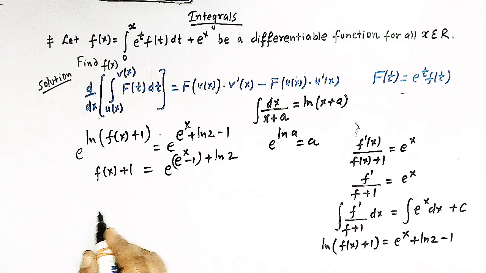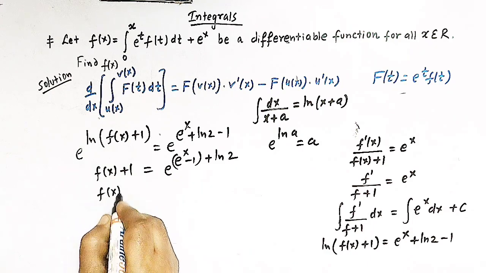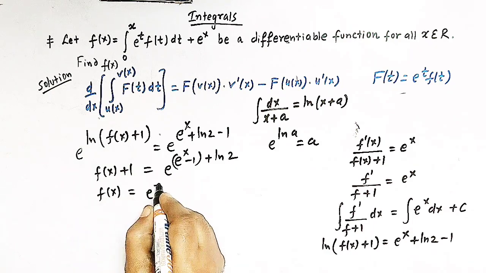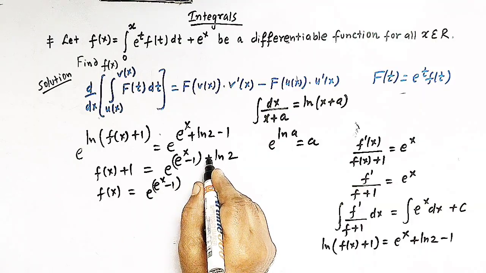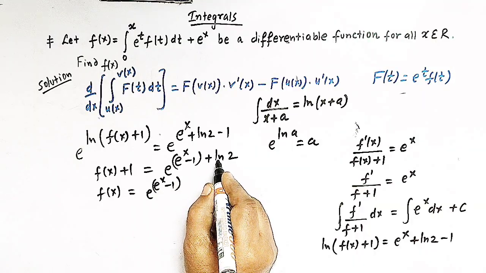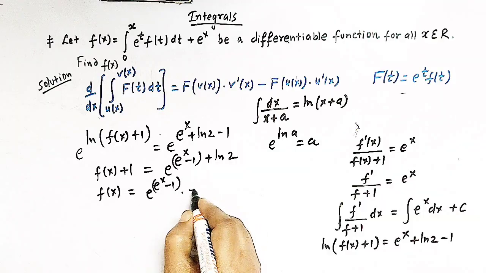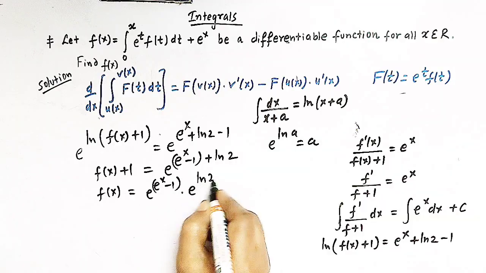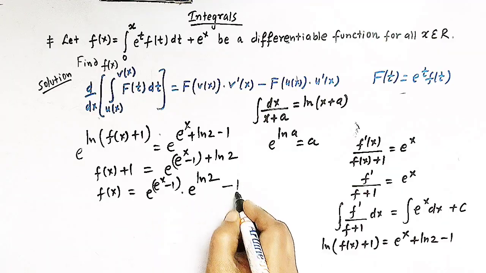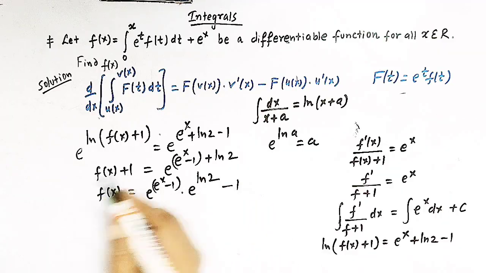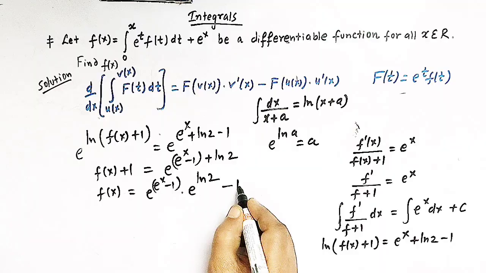Okay, so now we can write f of x is equal to e raised to x minus 1, and here we have the positive natural log of 2, so we can now write e raised to natural log of 2, using the laws of exponents. And then we can take this plus 1 to the right hand side, that is minus 1.